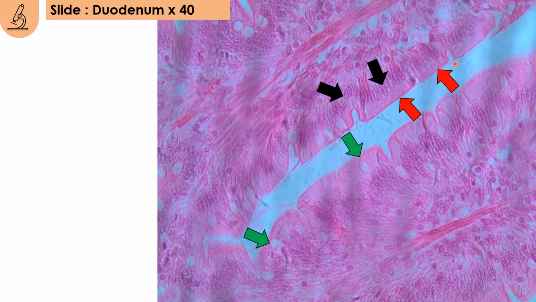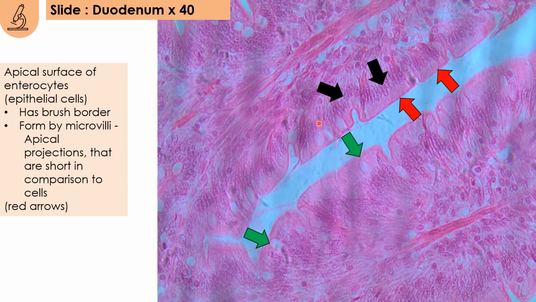Then what is this? If you can see, it forms something like a line or a border here. This is the microvilli. In light microscope, it appears like a brush border or striated border.